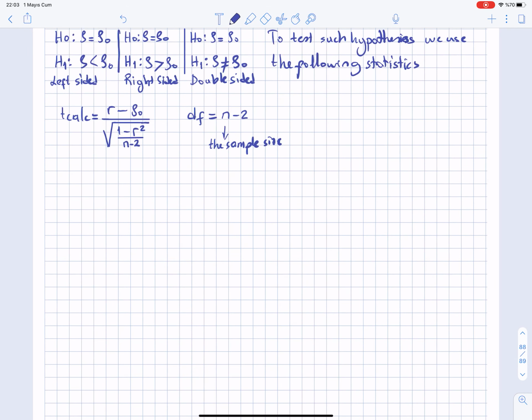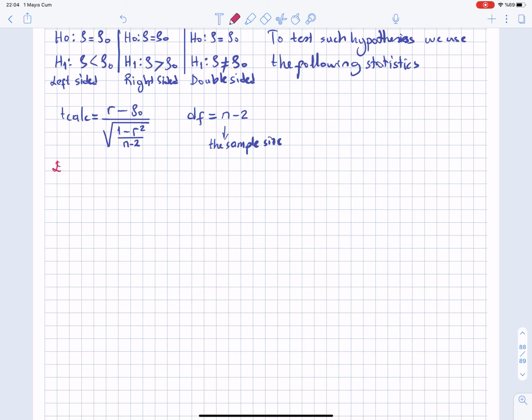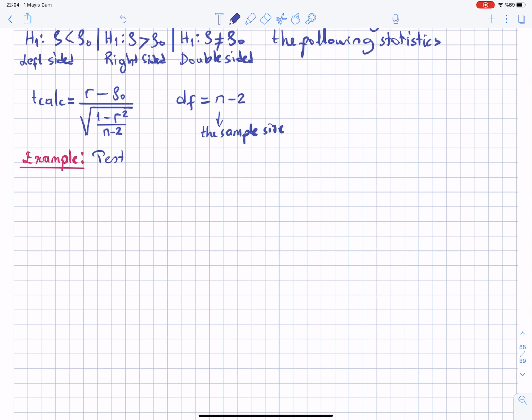Let's have a quick example. Test whether the null hypothesis is significant for the given statistics result.